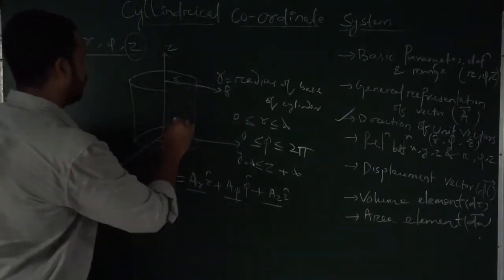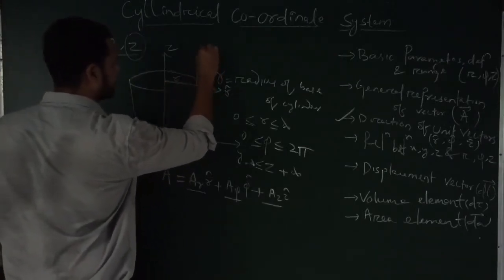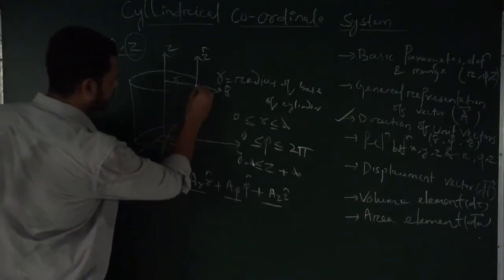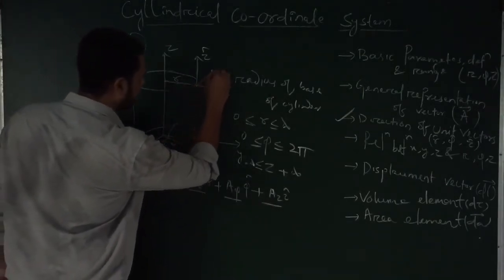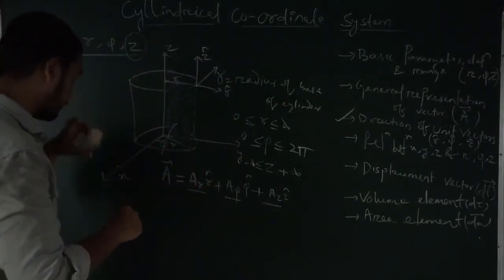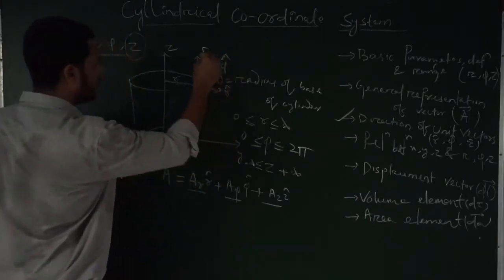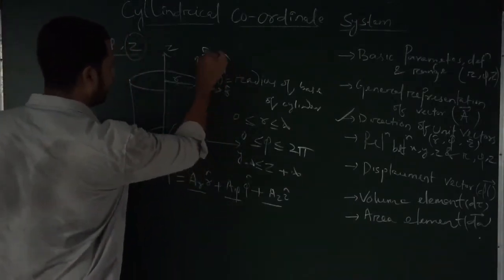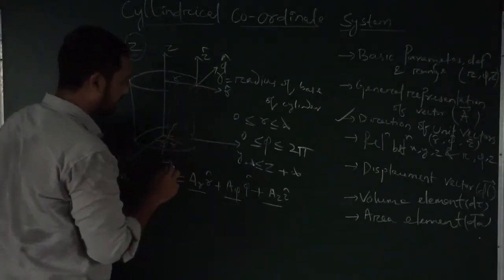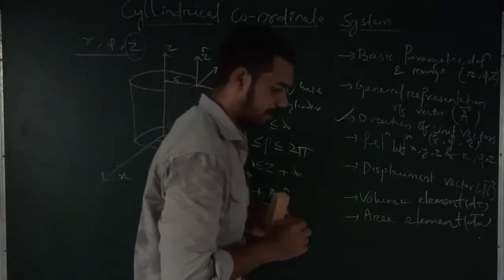And obviously the z cap direction will be in this direction, and the direction of phi increases in this direction. So these three are the directions of r cap, phi cap and z cap. At any point you can find out the direction of r cap, phi cap and z cap in cylindrical coordinate system.